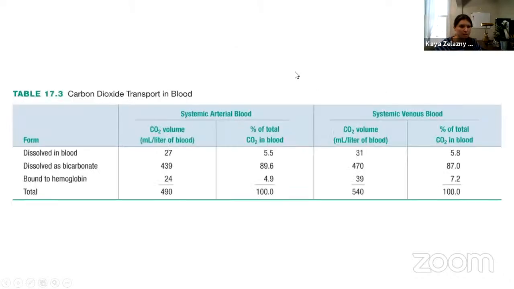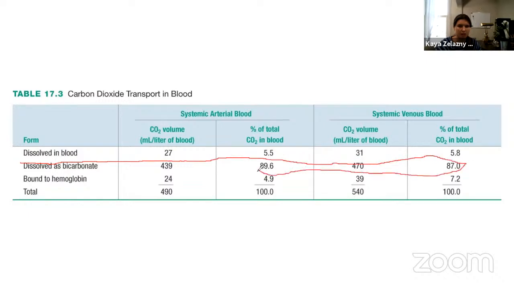If we look at arterial versus venous blood, we can see where our carbon dioxide is, which is mostly going to be dissolved in the blood, not as carbon dioxide itself, but as a molecule called bicarbonate. This is going to be important now, and also when we get into the renal system next.